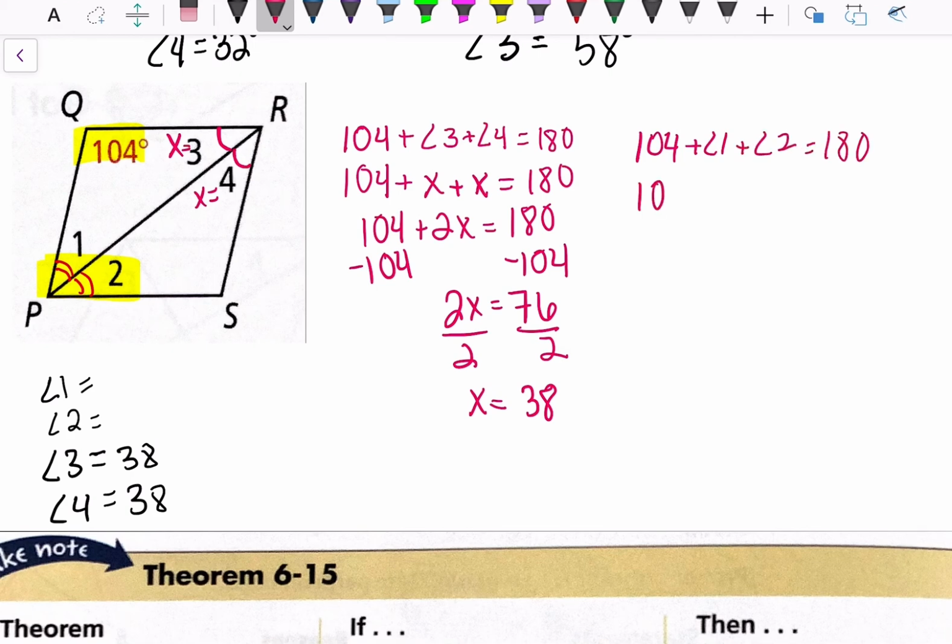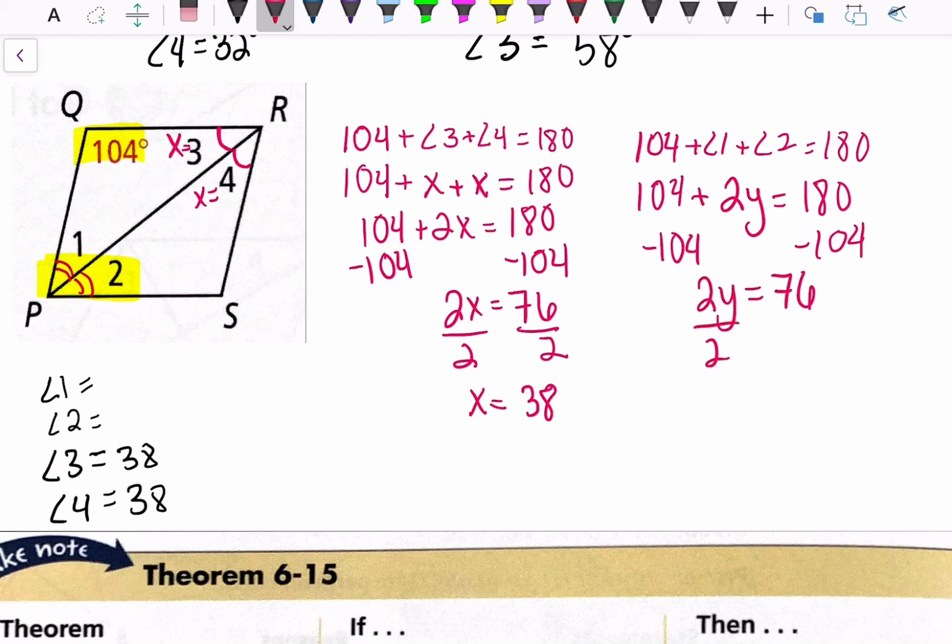Now I'm just going to call angle 1 y, and if angle 1 is y, then angle 2 is y, because they are congruent. So this gives us 104 plus 2y. Then we would subtract the 104, so 2y is equal to 76, and we would divide by 2. So exact same answer.